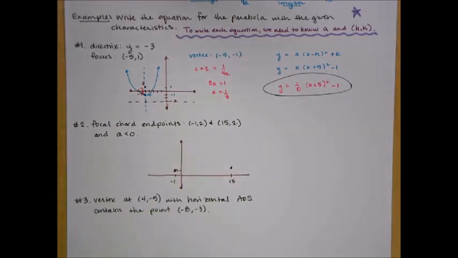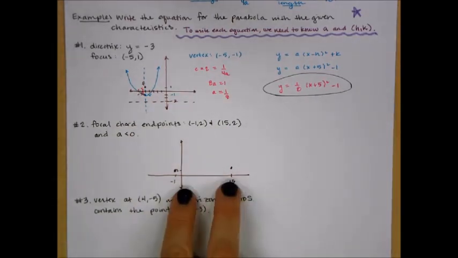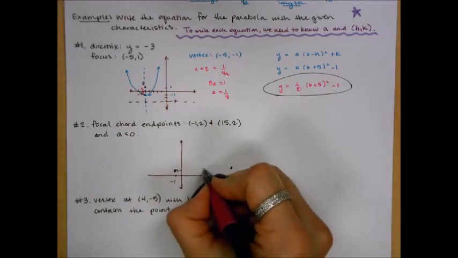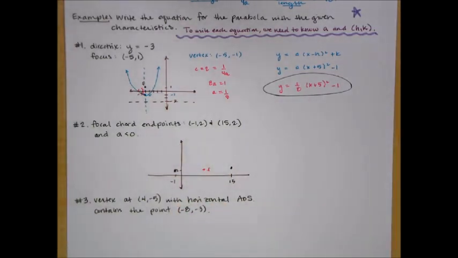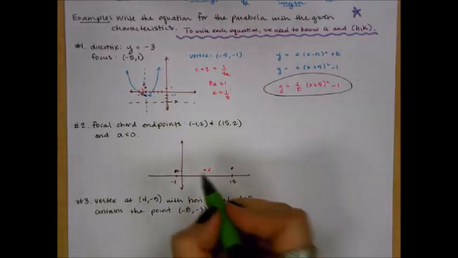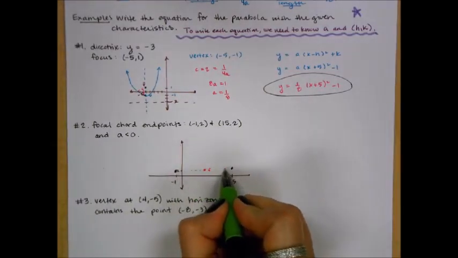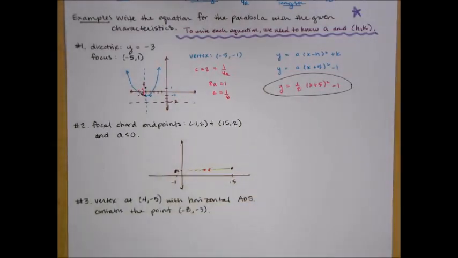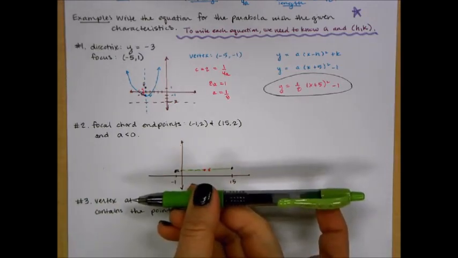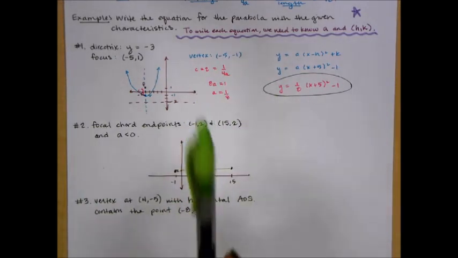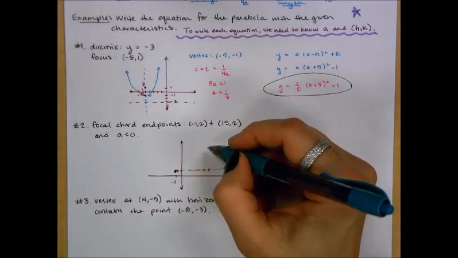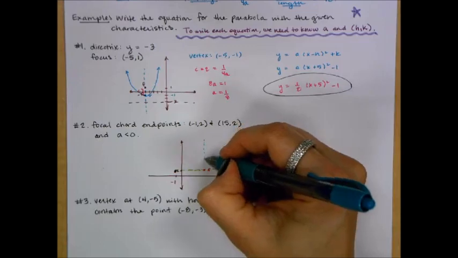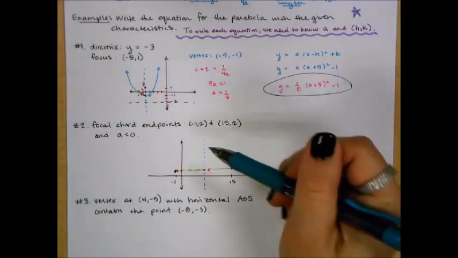What I know is that right in the middle of them should be the focus. Because this is my focal chord, it runs parallel to the directrix, and so my axis of symmetry should be running perpendicular through here. So my vertex is somewhere on here.